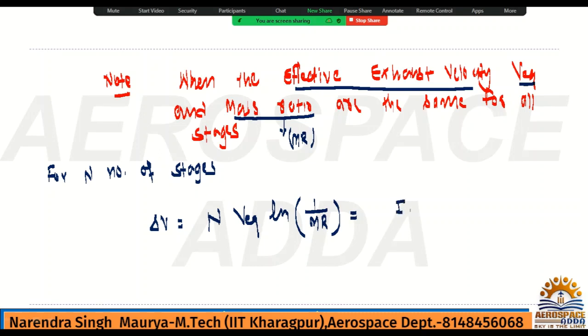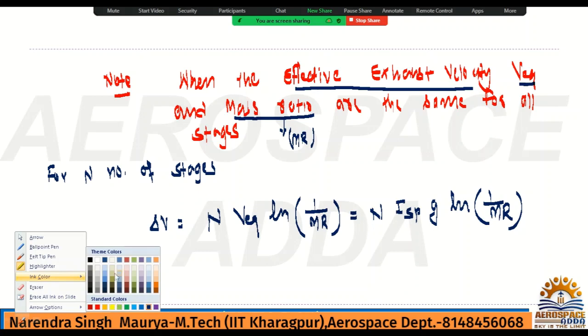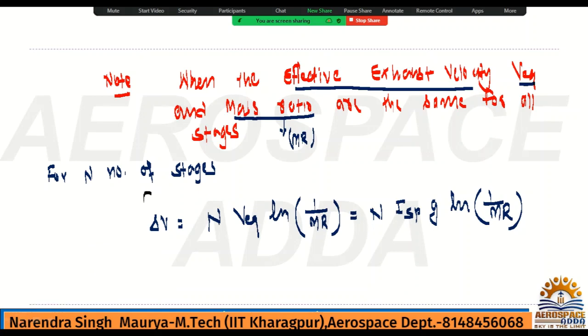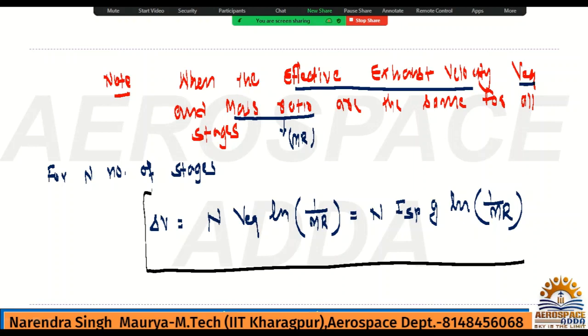So ISP g ln 1 by MR multiplied by n number of stages. Done. This is very important, you need to write it somewhere, because most GATE questions will be based on this. They will say for all stages these values, ISP or effective exhaust velocities, are the same.